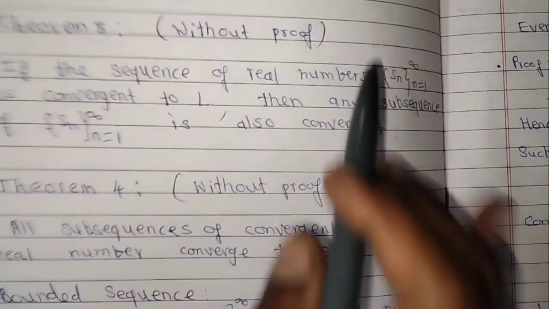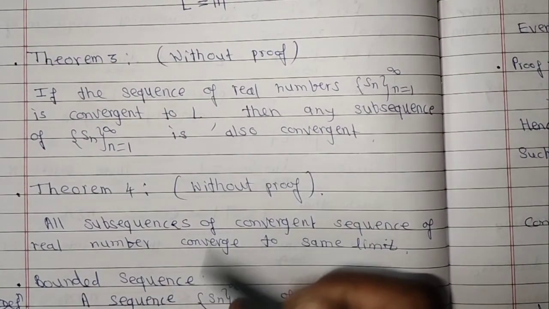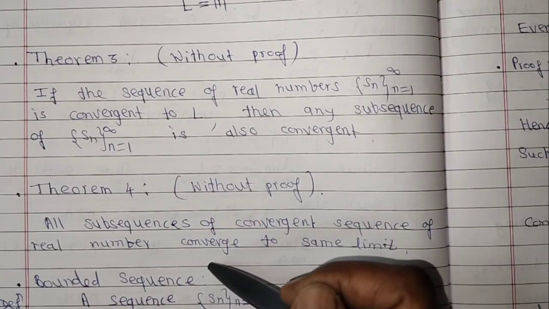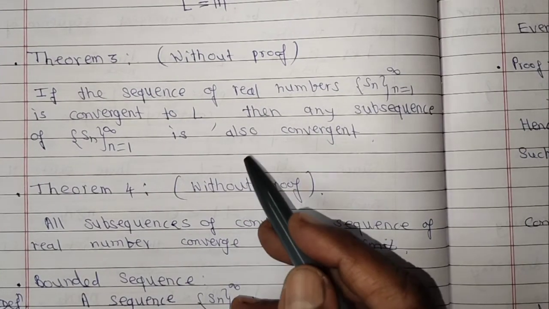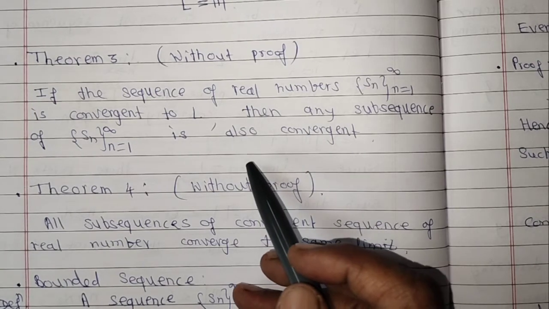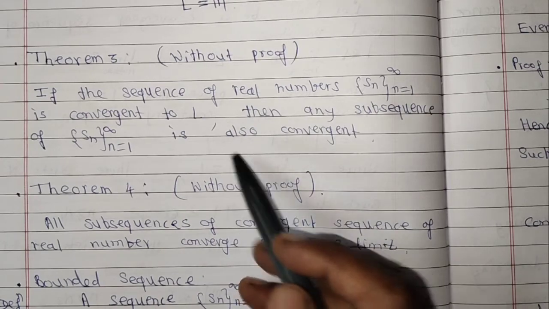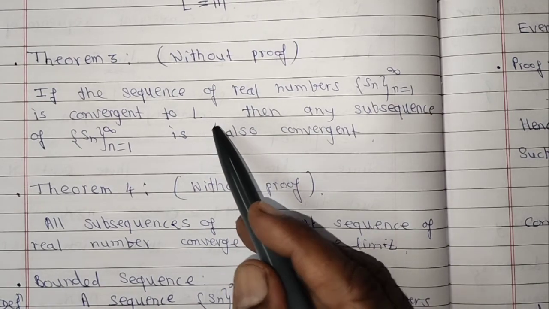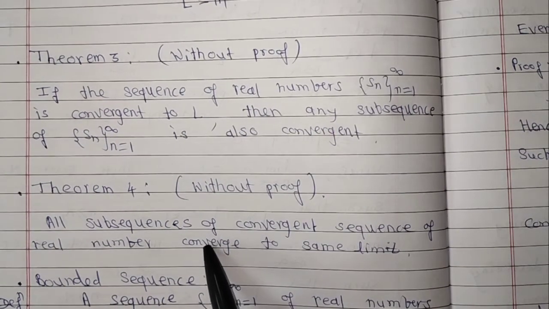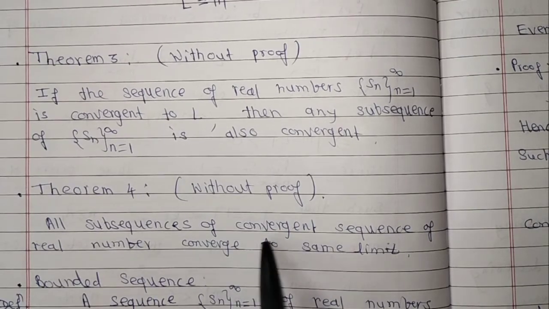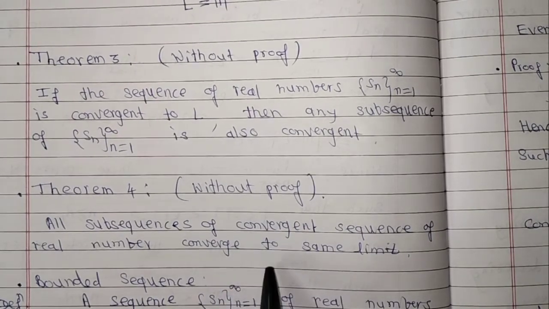That means there are two theorems without proof, theorem 3 and theorem 4. Theorem 3: if a sequence of real numbers converges to L, then any subsequence of this sequence also converges to L. And theorem 4: all subsequences of a convergent sequence of real numbers converge to the same limit.